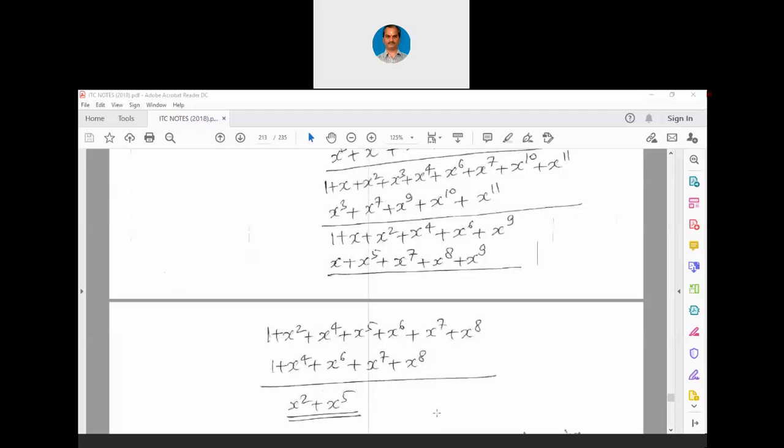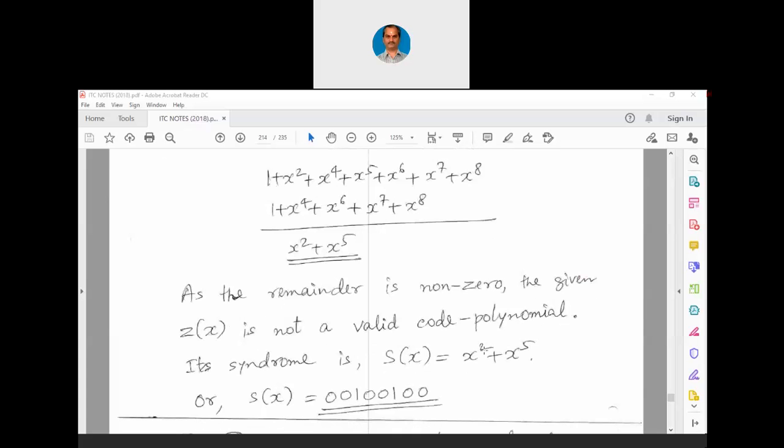This itself is the syndrome, right? When we perform the division at the receiver, then the remainder of the division at the receiver itself is the syndrome. So, now the remainder is non-zero. The given z of x is not a valid code polynomial. Now, its syndrome is what?